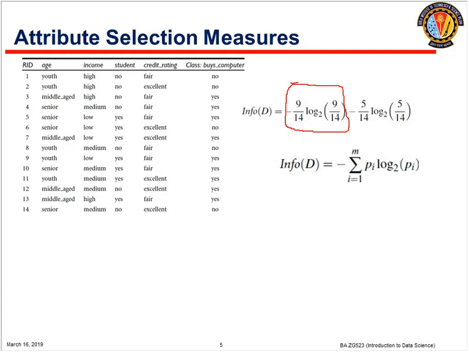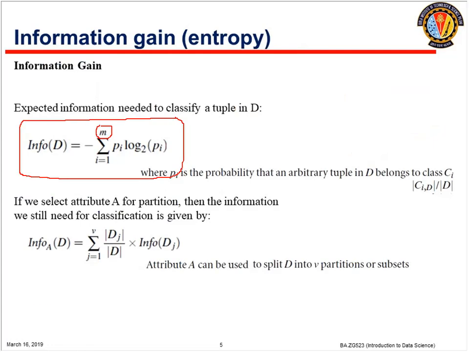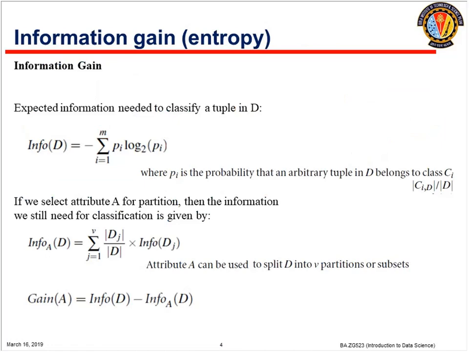The remaining 5 persons have not bought a computer, so for them also you have to calculate. For every class you will calculate minus p log p again. There are 5 out of 14 who have not bought, so minus 5 by 14 log 5 by 14. Remember there is a minus sign in the formula, and because of this the output will be positive.